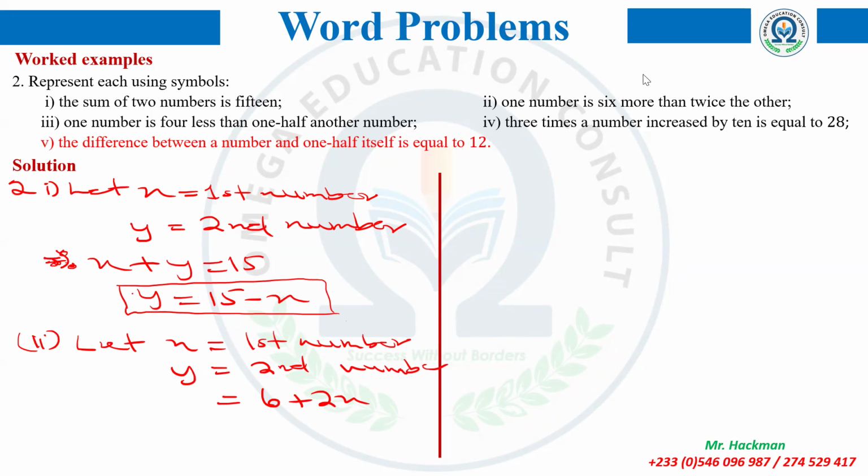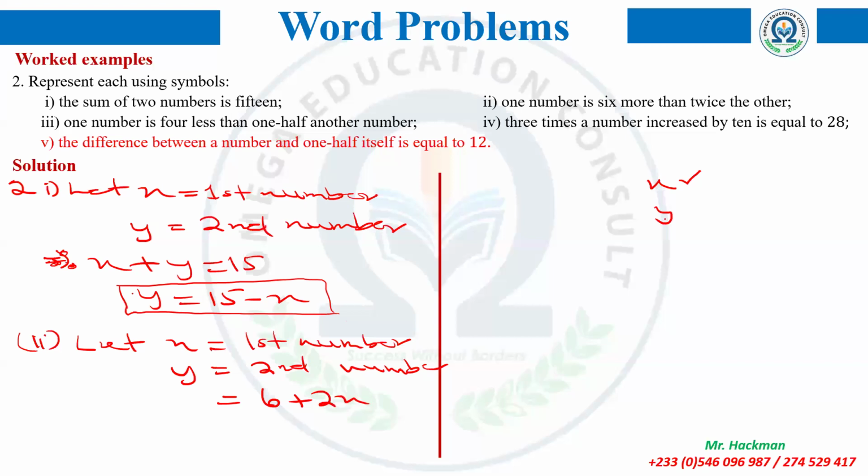Assuming I'm looking for two numbers, one is x, one is y. If I know my first number to be x, I know that x is connected to y. So what is the connection?